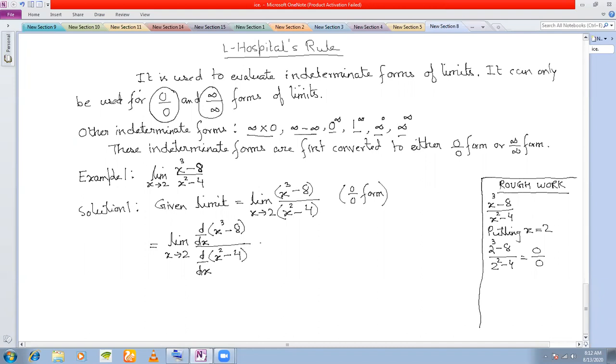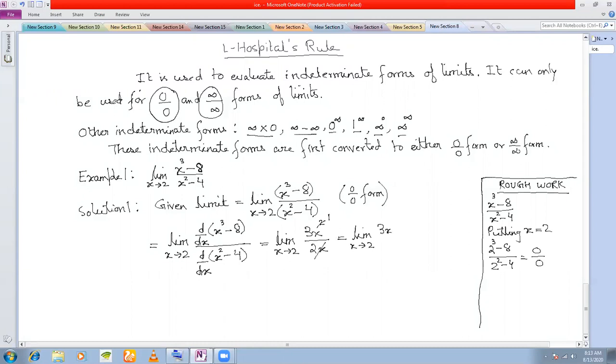You are going to differentiate them separately. So what you get? Limit x tends to 2. What is the ddx of x cube minus 8? It is 3x square. And what is the ddx of x square minus 4? It is 2x. Now what happens? This x cancels out. And now what do you get?